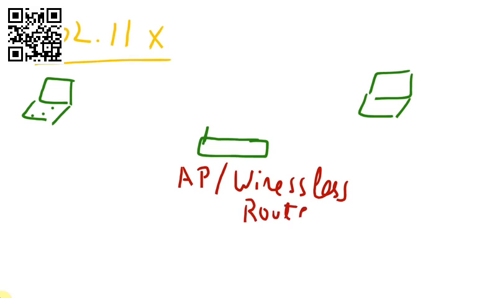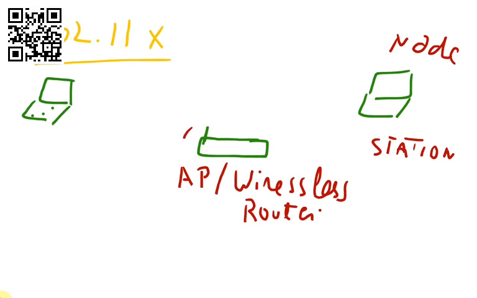So it is a wireless router, and we have nodes, or we may call them stations. So your laptop, your desktop, your mobile phone, your tablet PC, your smart TV may be a part of a wireless network.